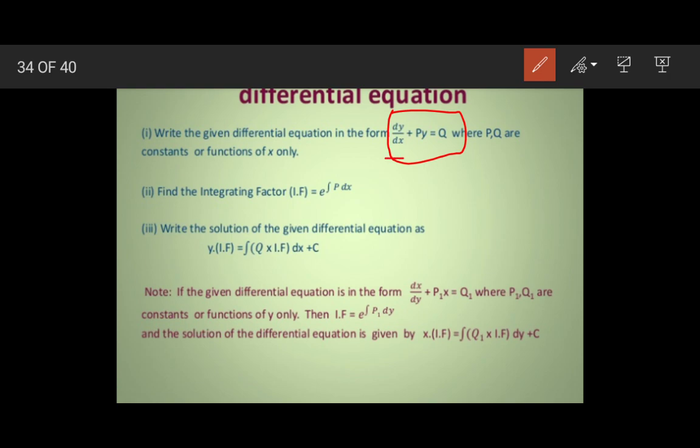After writing in this form, the second step is to find the integrating factor. The integrating factor will be e raised to integral of P dx.